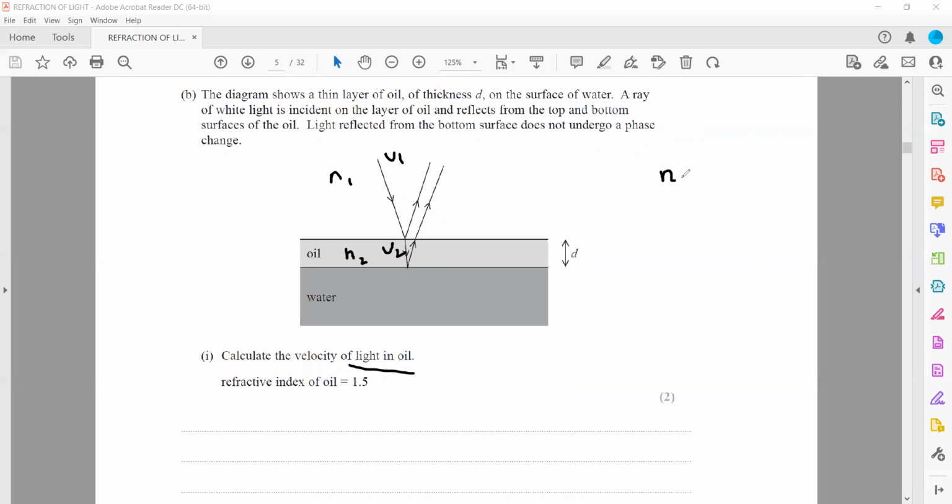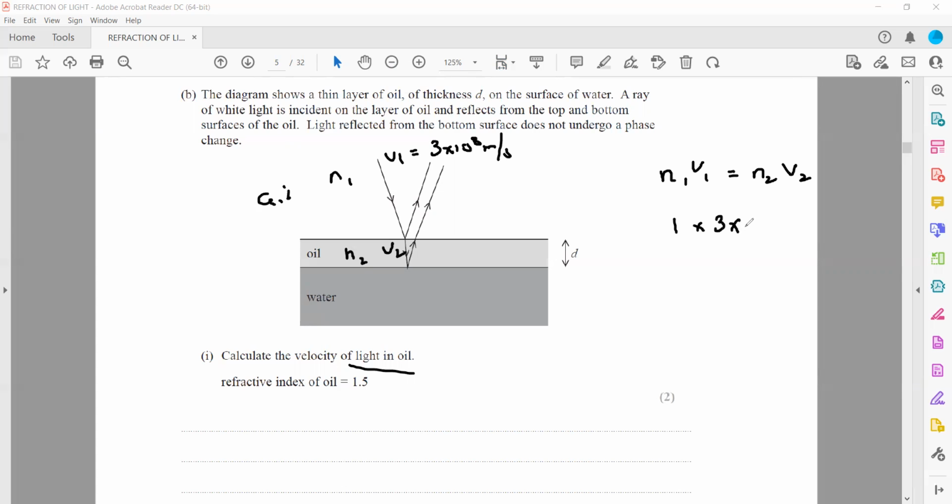We want to calculate the speed of light in oil. When two quantities are inversely proportional, their product is constant. So N1 V1 will be equal to N2 V2. N1 is the refractive index of air, which is 1, multiplied by the speed of light in air, that is a fixed 3 times 10 to the power 8 meters per second, or 3 times 10 to the power 5 kilometers per second.